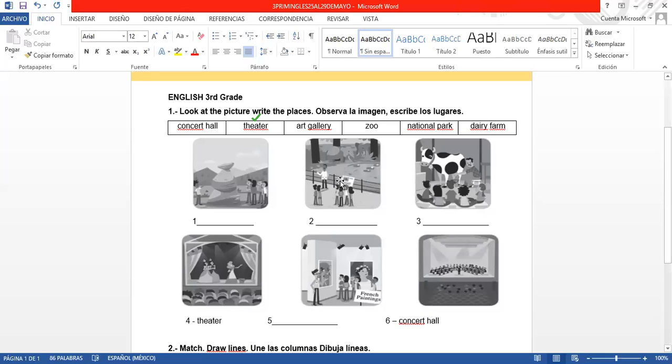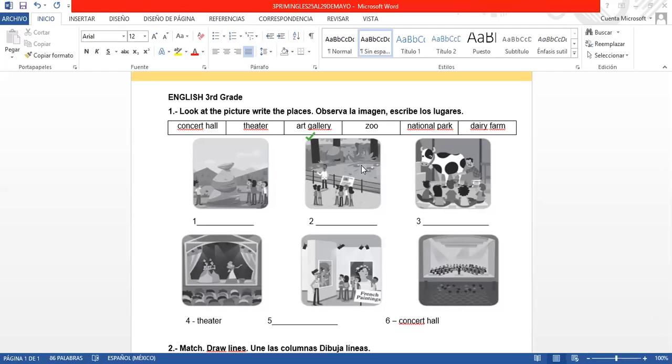Then for the next word that we have, art gallery, we have to look for a place where we can see paintings and maybe sculptures and other works of art.